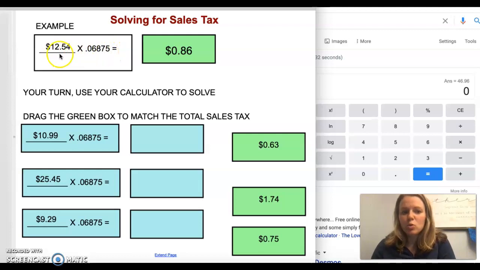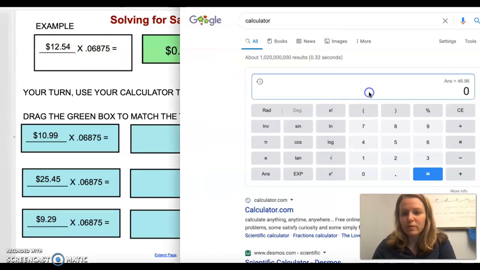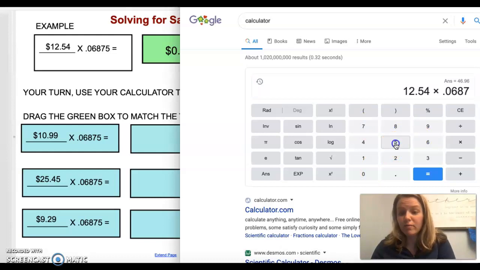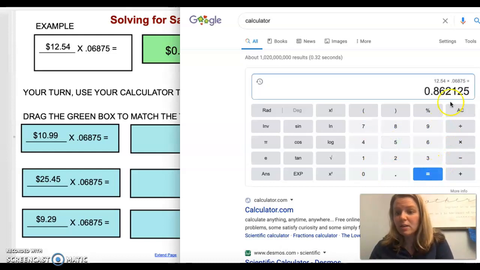So we're going to take $12.54, and we're going to multiply it by 0.06875. And our answer is 0.862125.